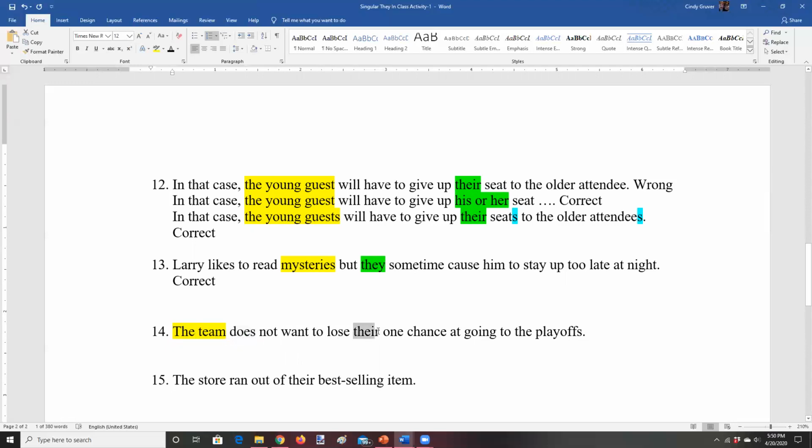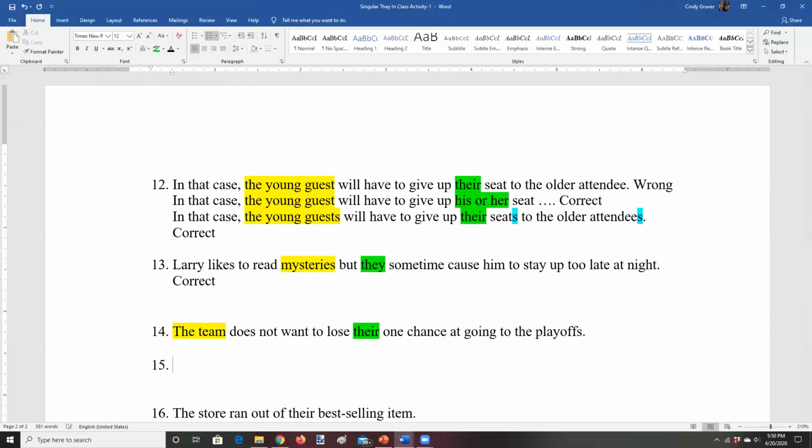So this there here is not going to work. And again, a team, even though it's made up of human beings, the entity is not a human being. So if we were to keep it the same way, we'd have to go with it's one chance at... So this is wrong and this is correct.